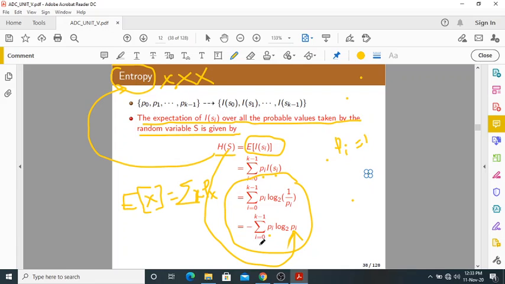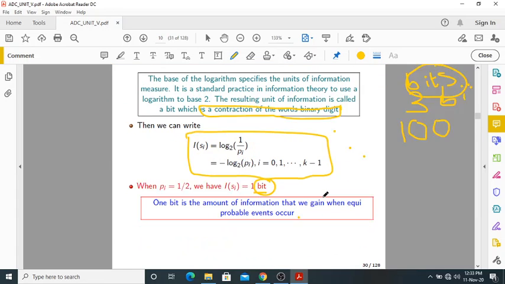If P of I equals 1, what will happen? 1 into log 1 base 2. What is log 1 base 2? 0. So everything will be 0. But if P of I equals 1, what do you mean by that? The occurrence of the ith symbol is 1. Let me tell you the importance of this.